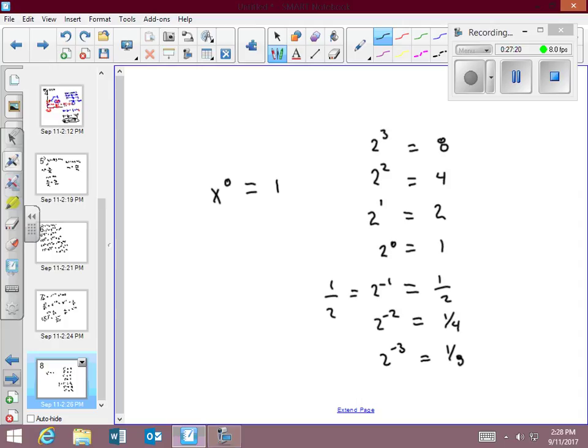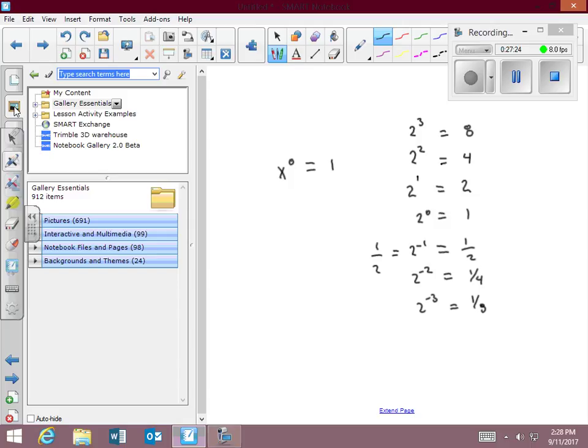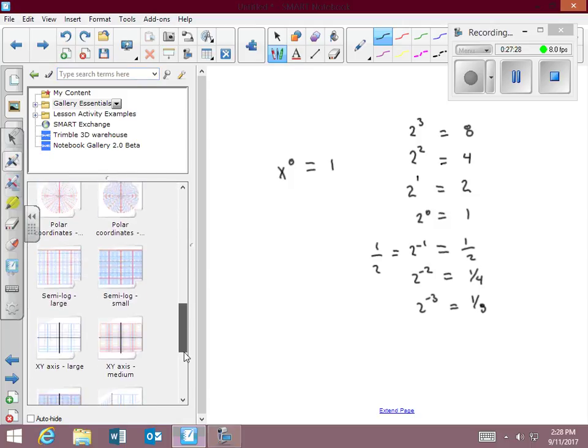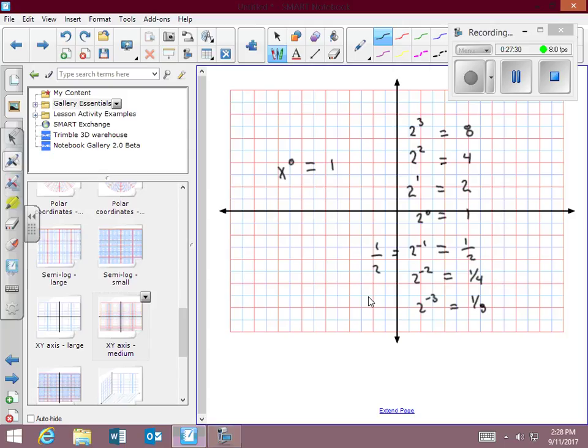So if you were to graph this, 2 to the 0th power right in here is 1.